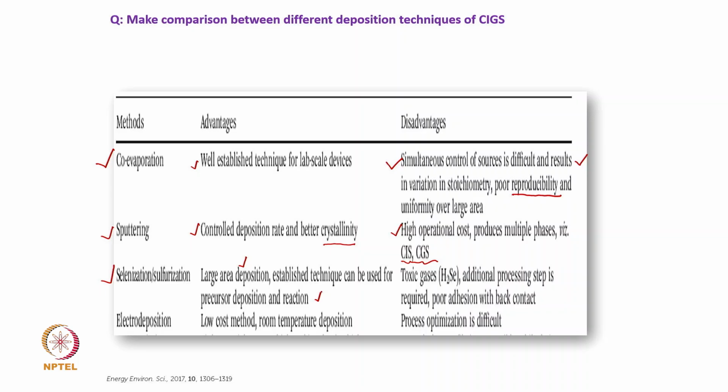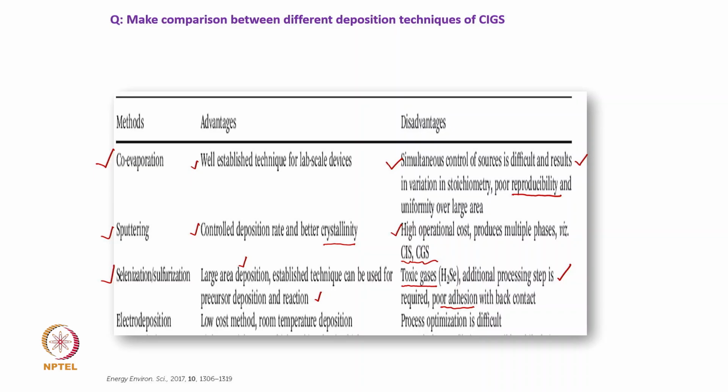And it can also be used for precursor deposition and reaction. But what are the disadvantages? The disadvantages are that you use toxic gases like H2Se, some additional processing deposition steps are also required, and there is an issue with poor adhesion of the film.